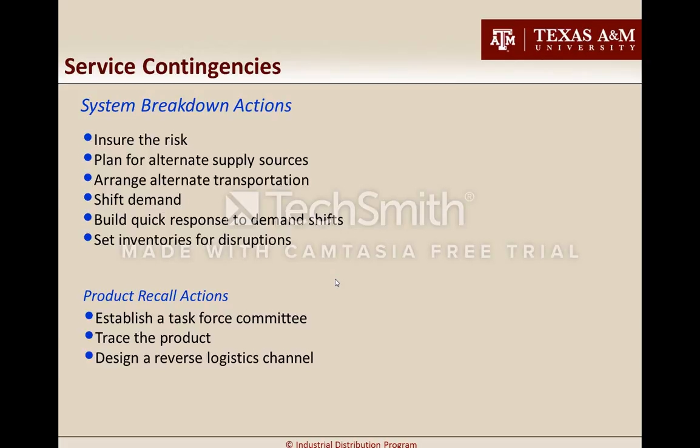And set inventories for disruption. Again, when something bad happens in the supply chain, how would you deal with it? If you have some inventories, you can probably deal with it much more easily than not having them, right? And there are a lot of examples in the business environment where these disruptions cause businesses to even go out of business or be significantly impacted by it.